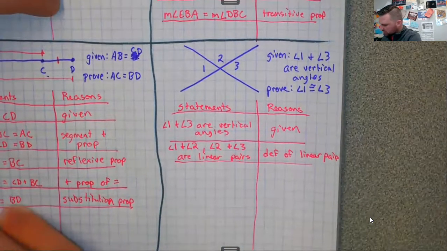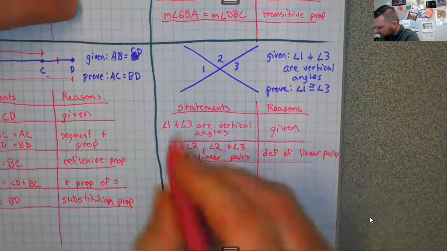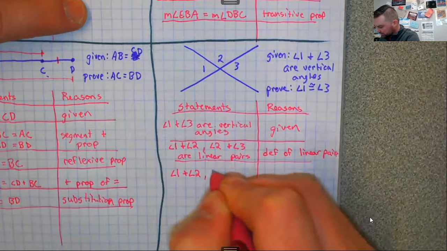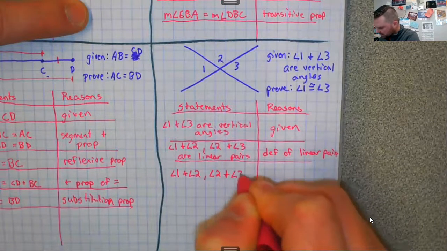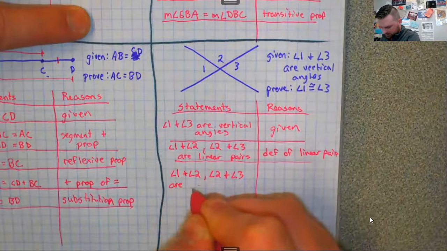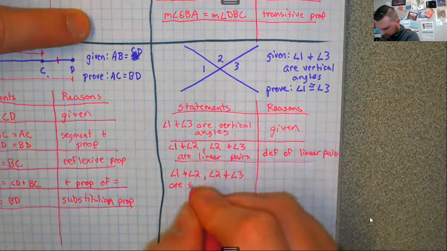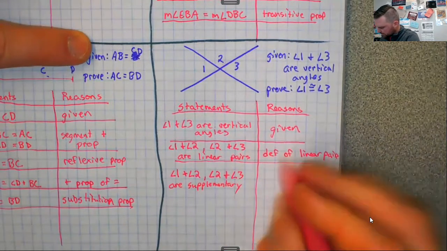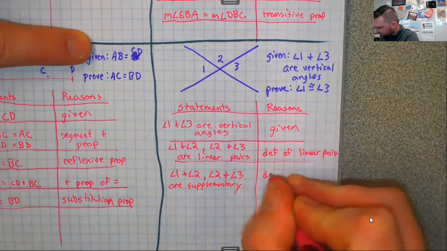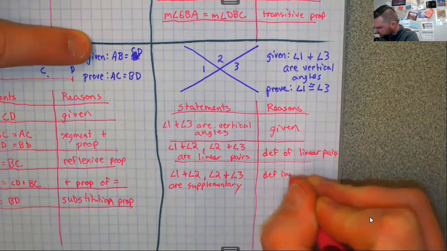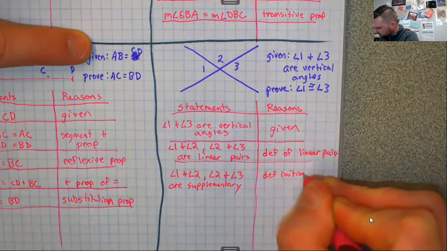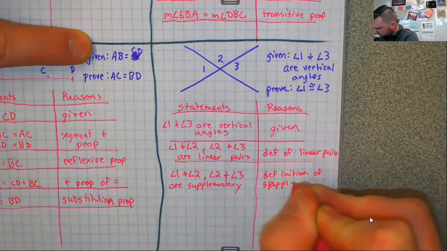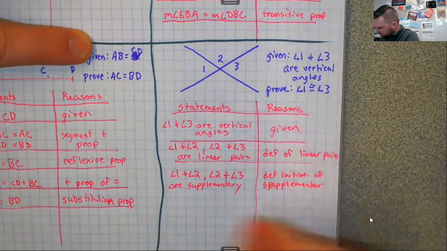So since they're a linear pair, we know that angle 1 and angle 2 and angle 3 are supplementary, and this is the definition of supplementary angles.